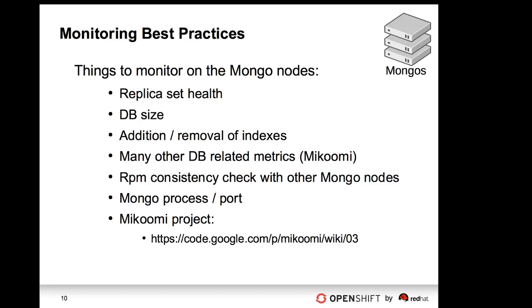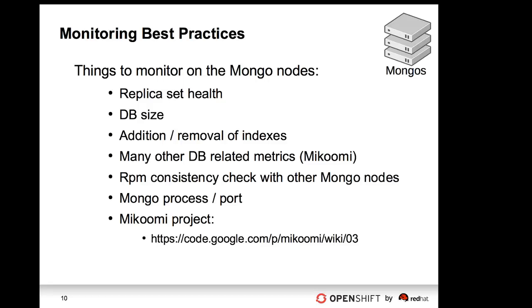Actually, it won't say don't ever let it go out of sync. It'll say alert me if it ever goes out of sync. In that way, even if Mongo hasn't detected that there's a problem on the node, if the secondary is that far out of sync, there's a problem. And again, these are all things that Mikumi gives us.